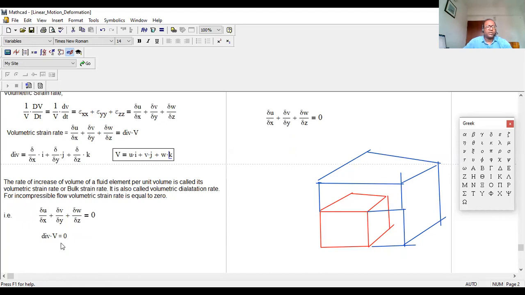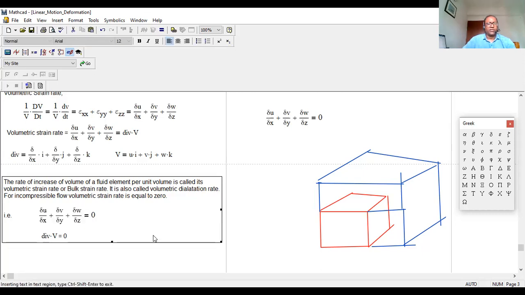If you satisfy this equation, then the flow will be incompressible. If this equation is not satisfied, that means the summation of all three is not 0, so the flow is not incompressible.